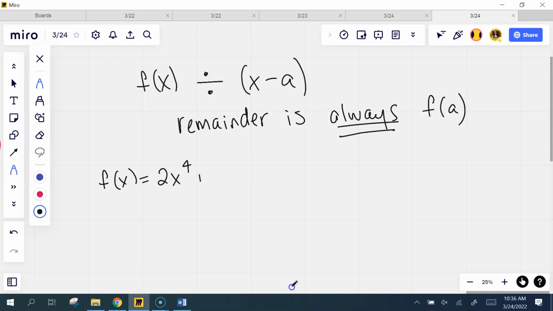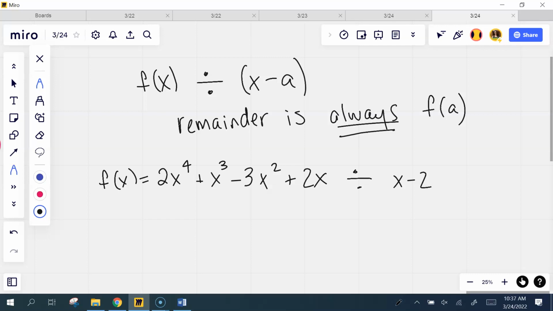2x to the 4th plus x cubed minus 3x squared plus 2x. If I divide that by x minus 2, okay? Now, before I actually divide it, if I were to synthetically divide this, I could easily find the remainder.